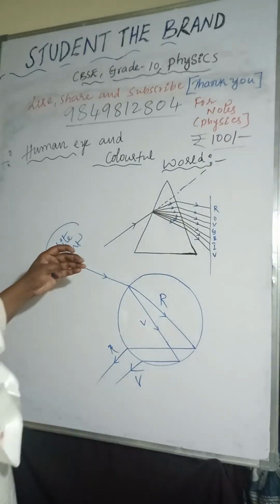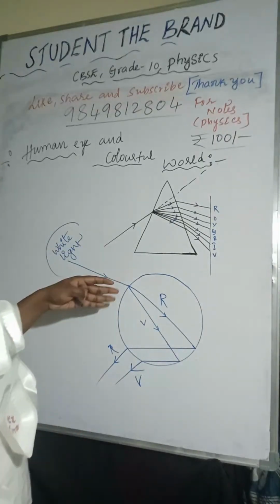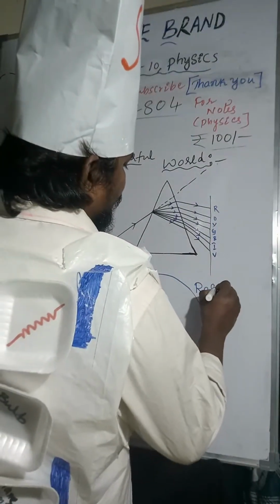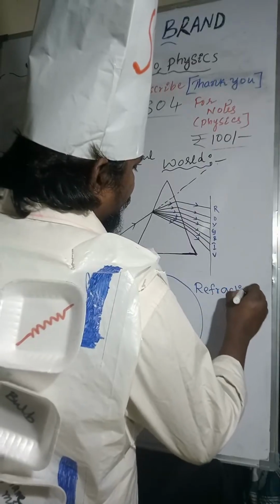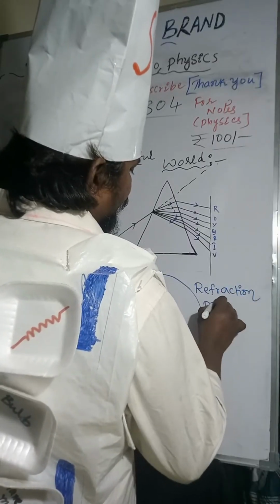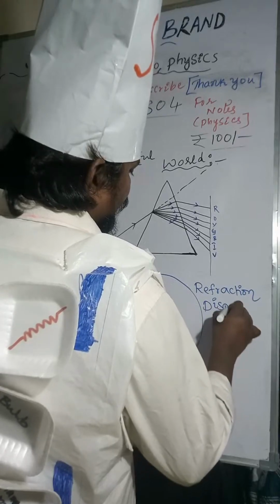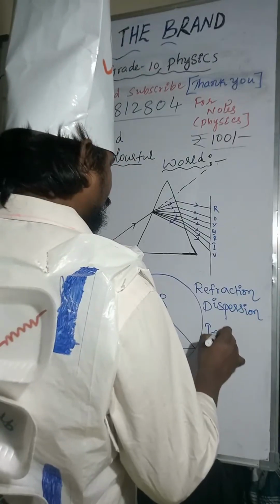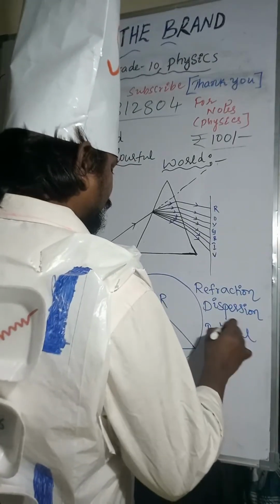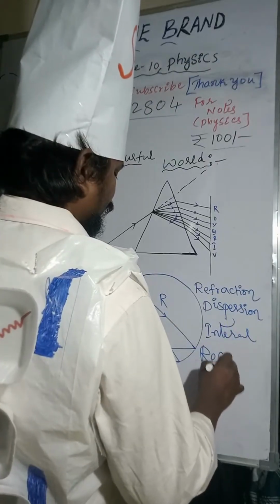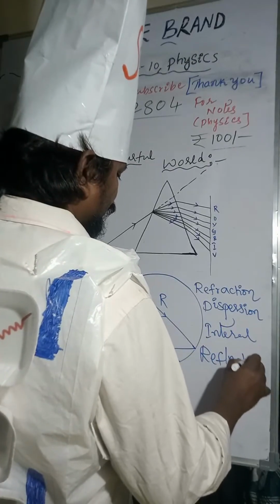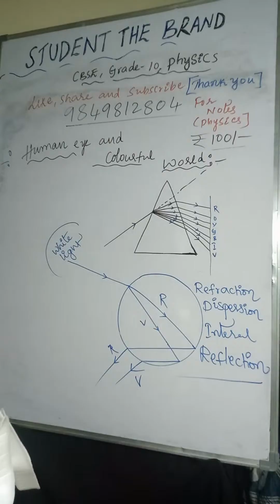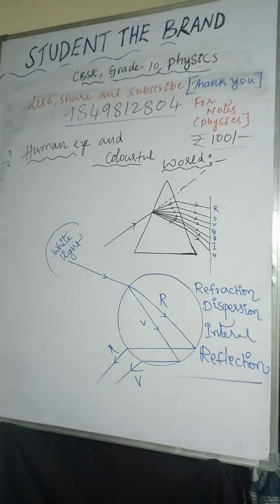So white light, okay. What is the phenomenon involved in the formation of a rainbow? Refraction, dispersion, internal reflection.